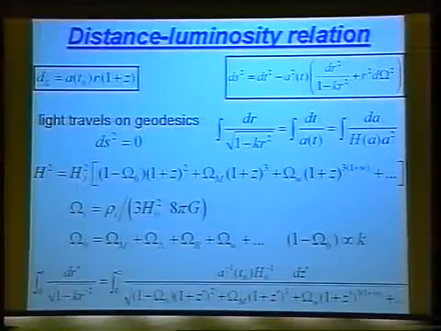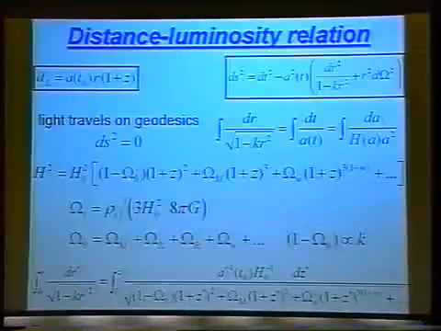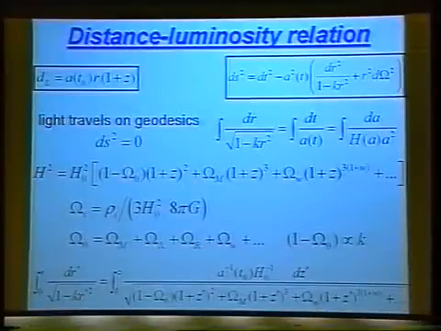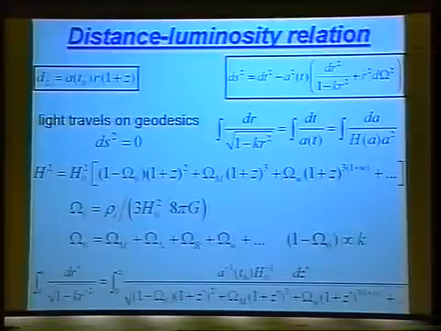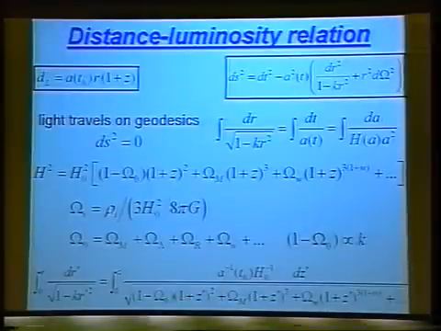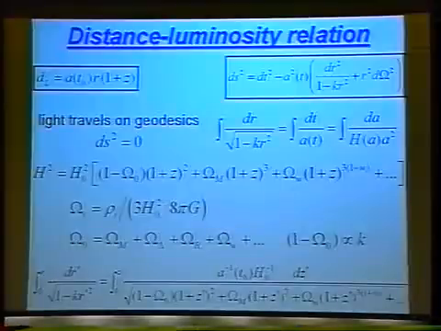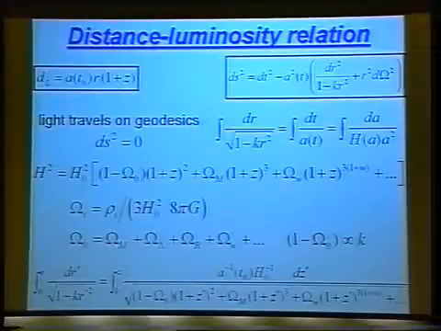The expansion rate as a function of z is the expansion rate today, and it changes depending upon the contribution of the total energy density of the universe, the matter energy density, and whatever terms you might have. These parameters omega are defined in terms of the energy density divided by the critical density, 3 H0 squared over 8 pi G. The total value of omega is the matter plus lambda plus radiation plus whatever you have.